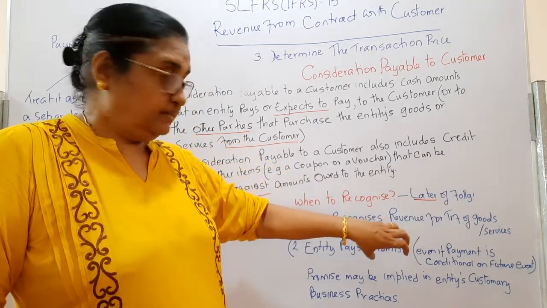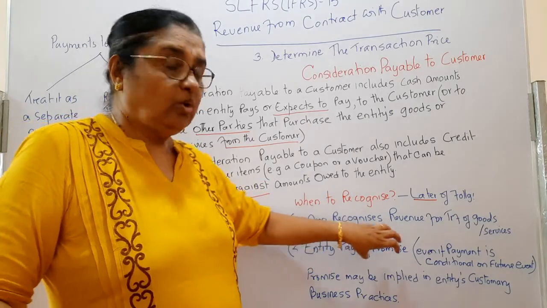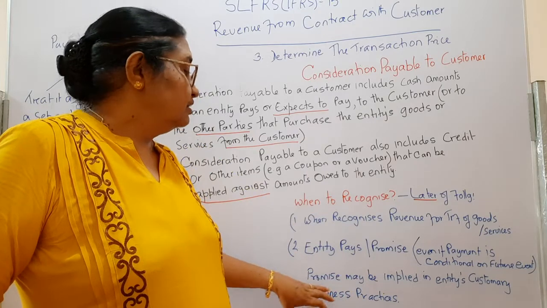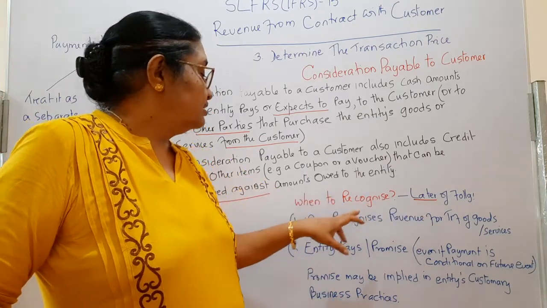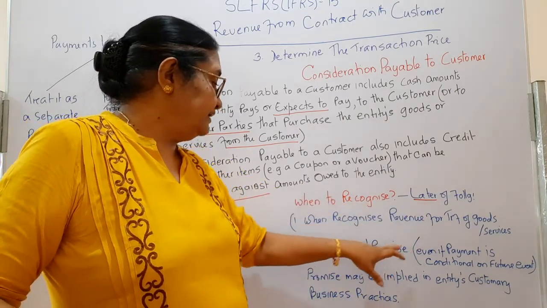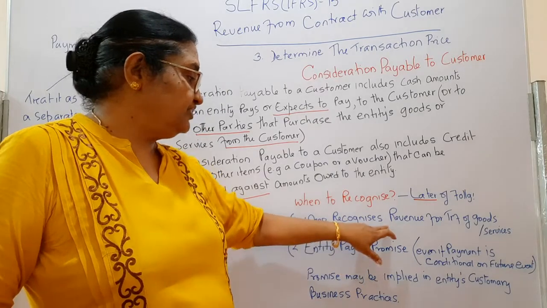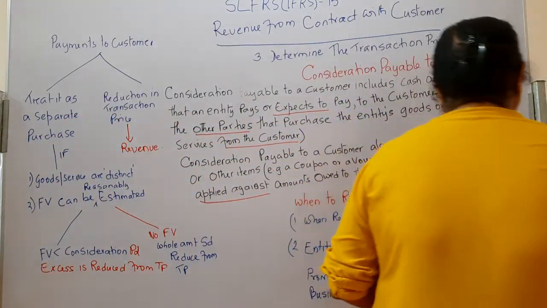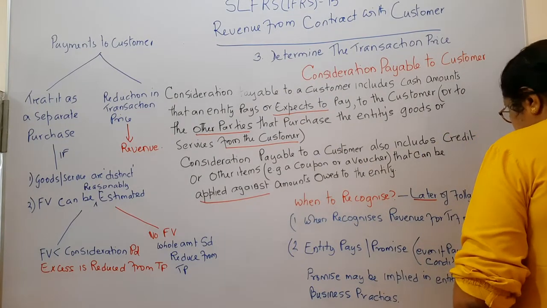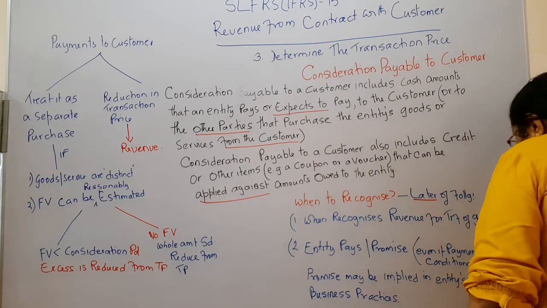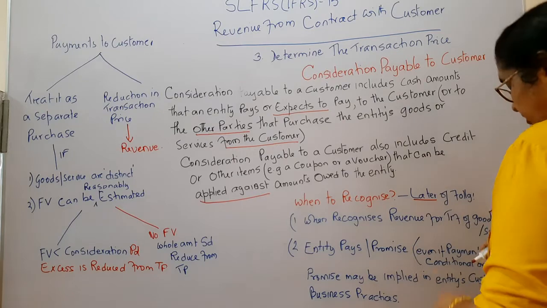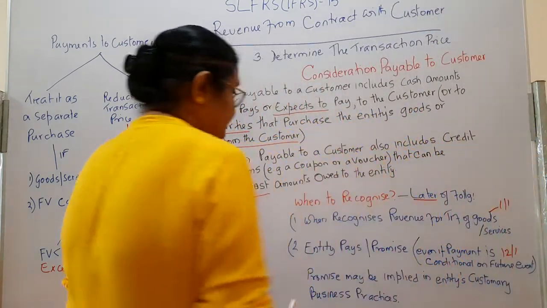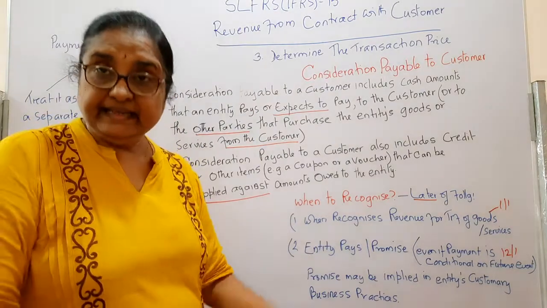Even then, if you have paid it or you have promised it, then you have to reduce the transaction price at that date, whichever is later. For example, if this happens on 1st January and this happens on 12th January, you take the 12th January, the later date.